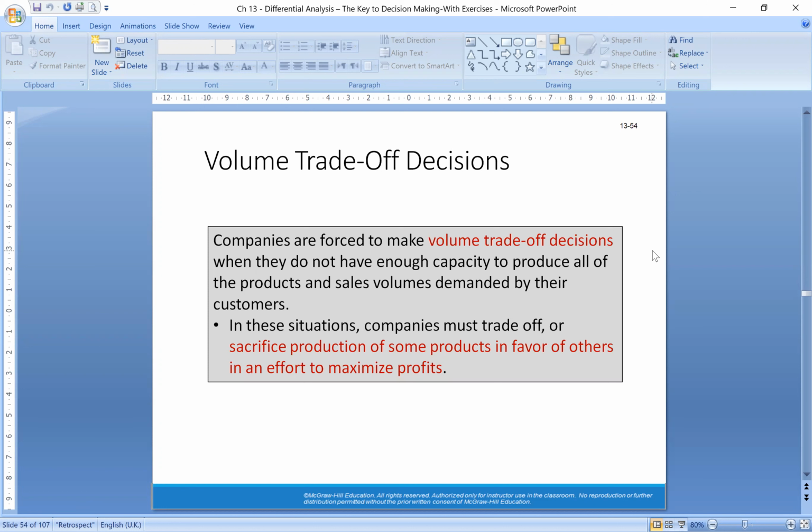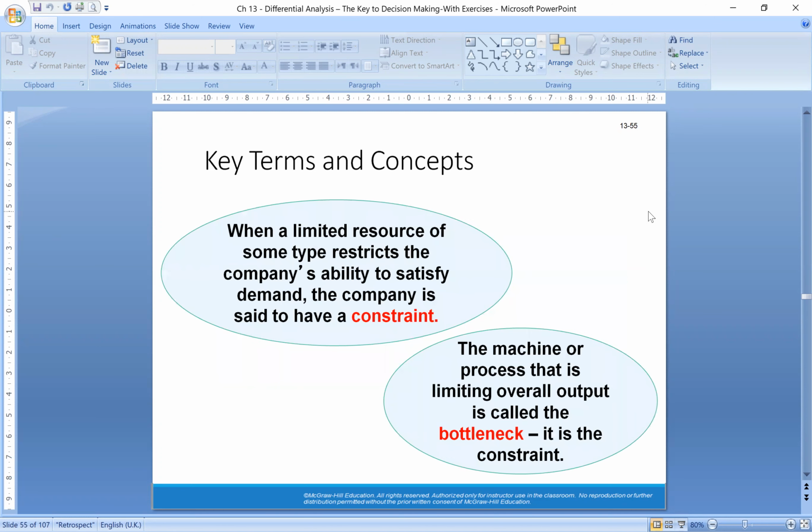Companies are forced to make volume trade-off decisions when they do not have enough capacity, and this is the important word for this topic, to produce all the products and sales volume demanded by their customers. In these situations, companies must trade off or sacrifice production of some products in favor of others in an effort to maximize profit. So we're talking about limited resources.